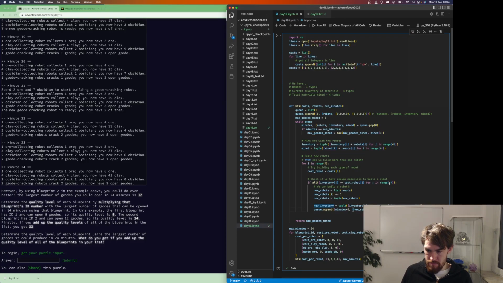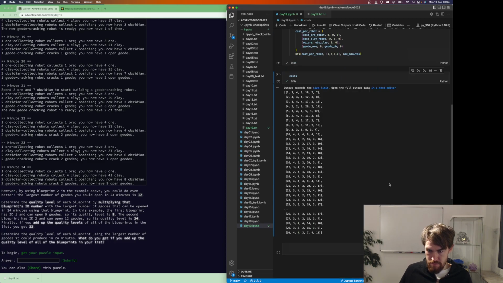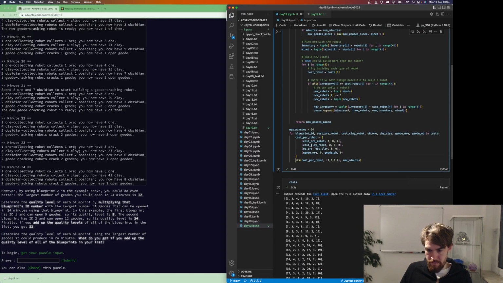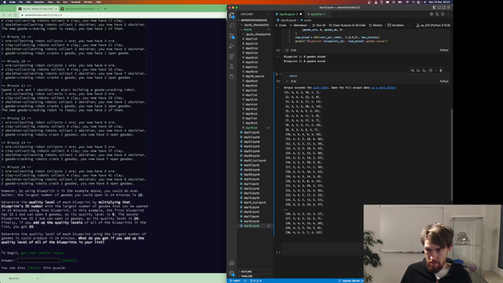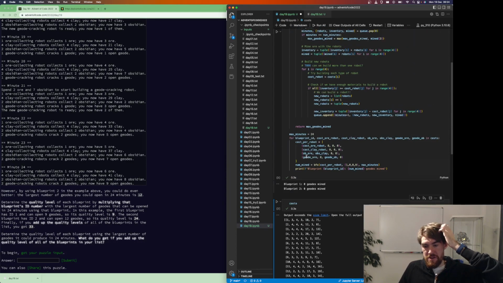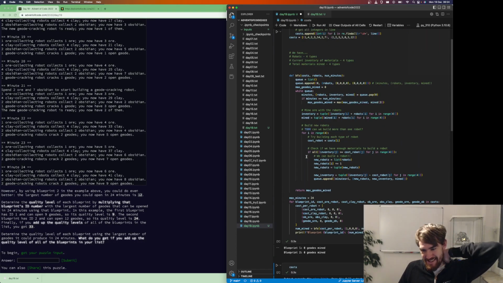Okay. 0 and 0 geodes mined. That's not good.